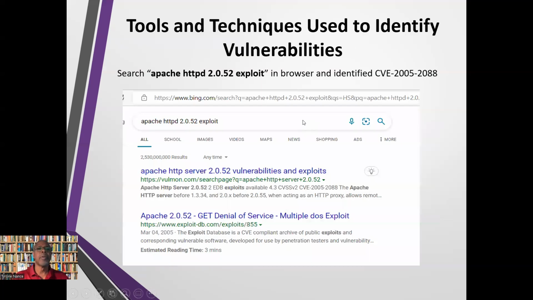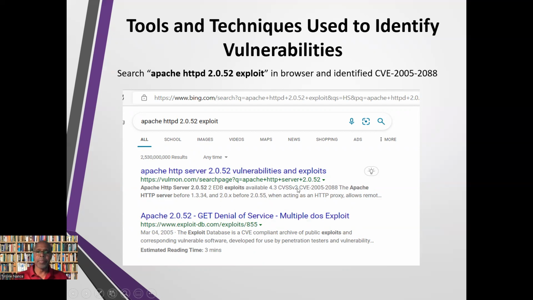So let's move on. Tools and techniques I used. First thing I did was I searched the string Apache HTTPD 2.0.52 exploit. And when I browsed that, lo and behold, it came up with a link that said vulnerabilities and exploits. One of the interesting things that I noticed at this link was that it identified a CVE 2005-2088.